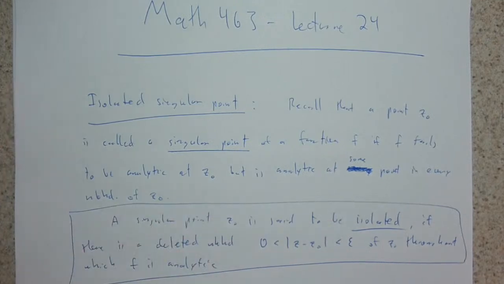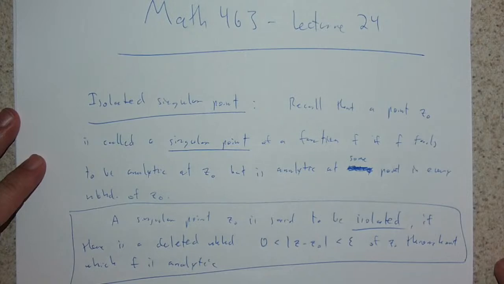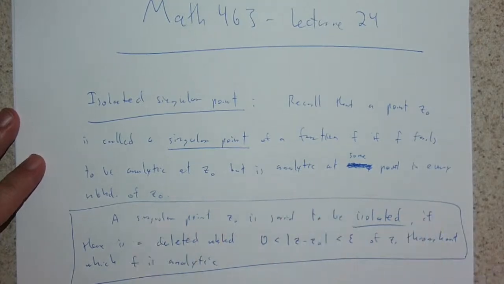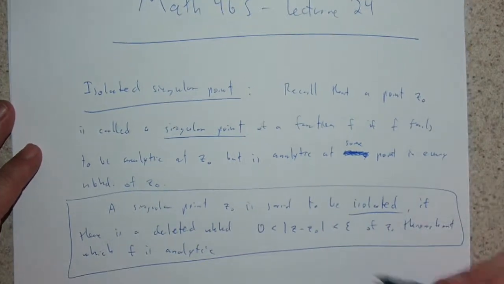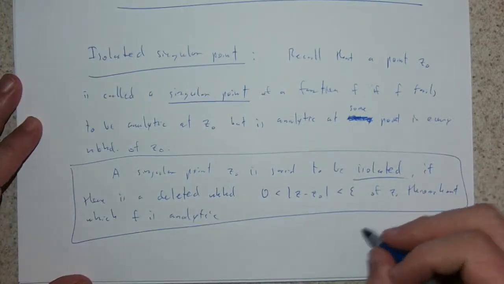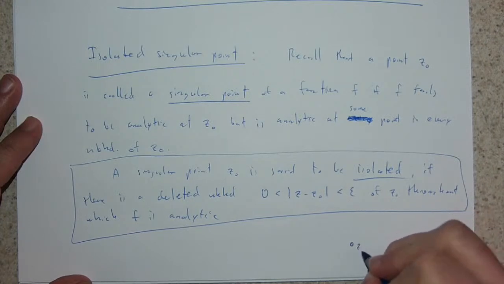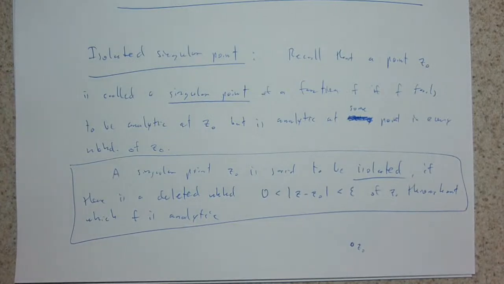And so the singular point is isolated if there does exist some neighborhood of z naught for which f is analytic at every single point except z naught. The idea here, in picture, is I have some f and it is not analytic at z naught, so I have a hole at z naught.